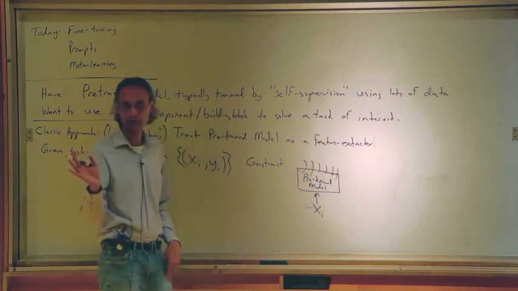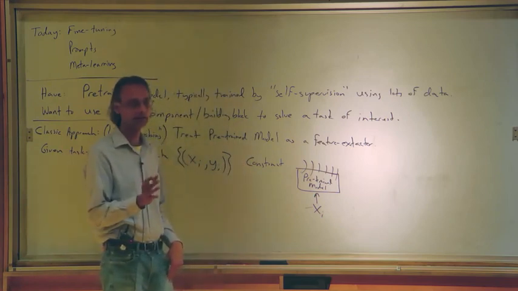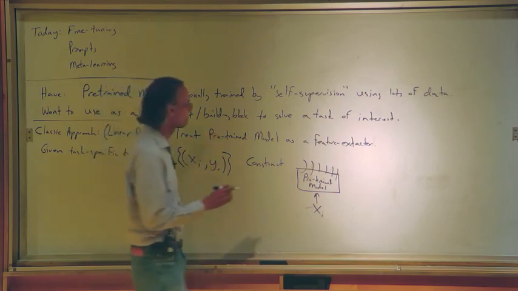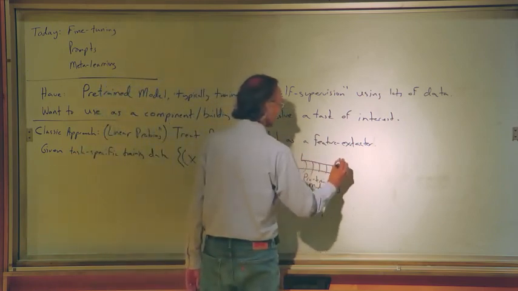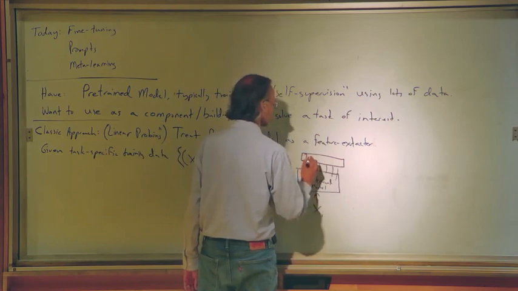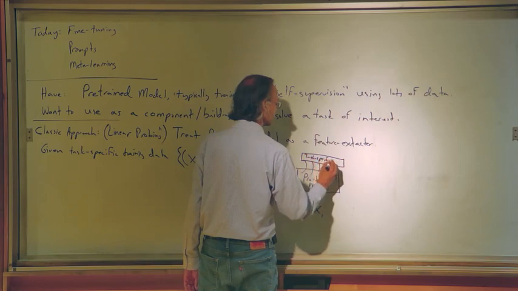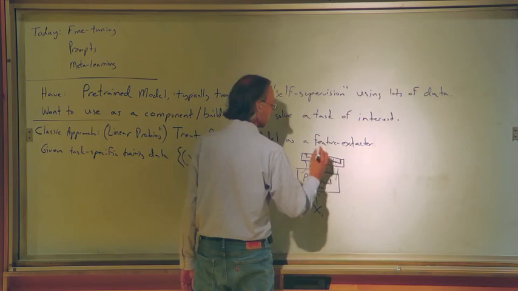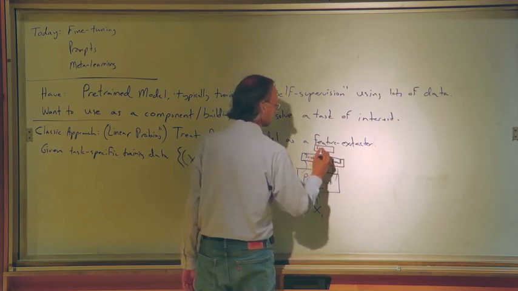Typically, in the standard approach, just think of the activations as coming off the penultimate layer. But you could put them anywhere you want. And then you have a task-specific head, and then you have your loss.